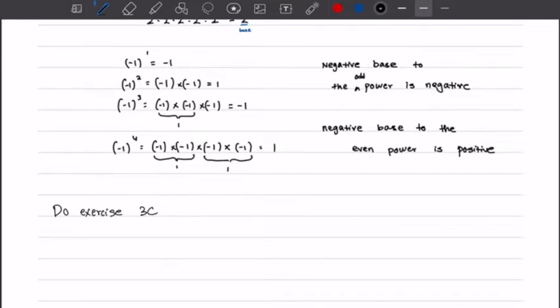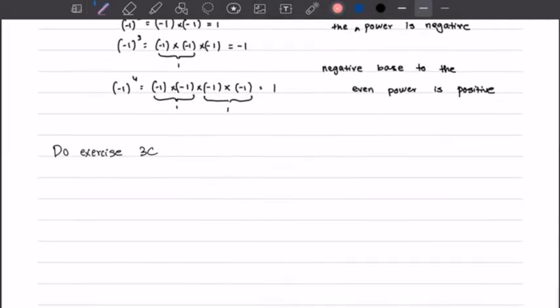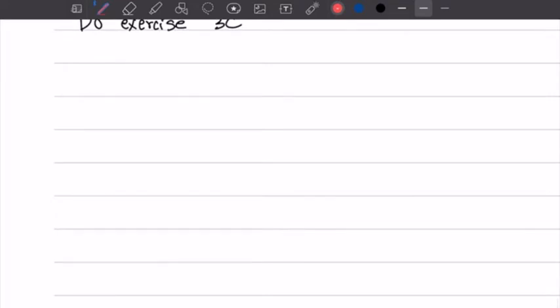I'm not necessarily going to go through them because I think they are fairly simple. But if you have any questions, you can put them in the comments, of course. So I will be skipping through exercise 3C, and I will be going on to part D, which is about the laws of exponents.